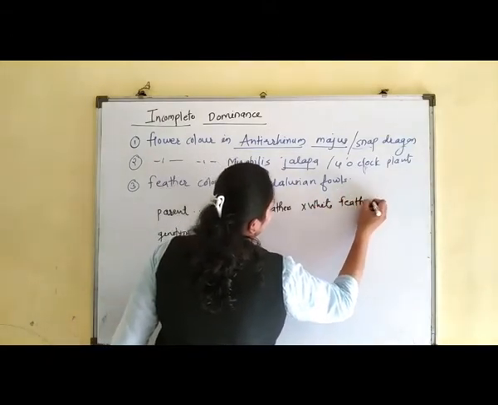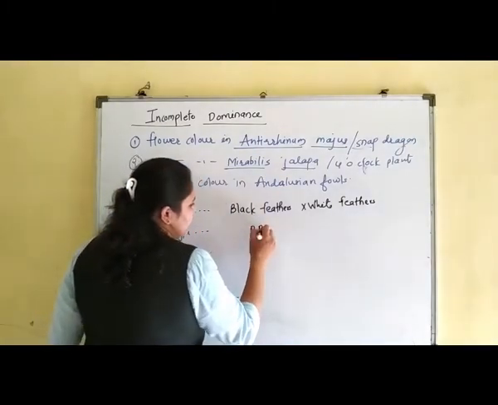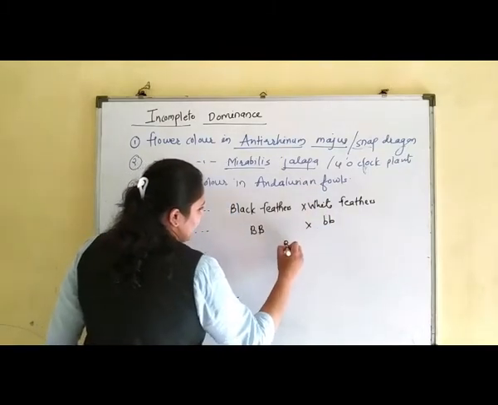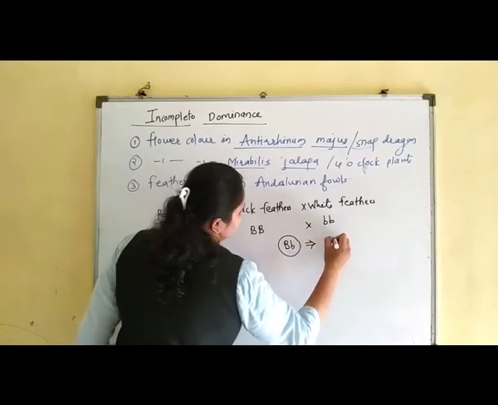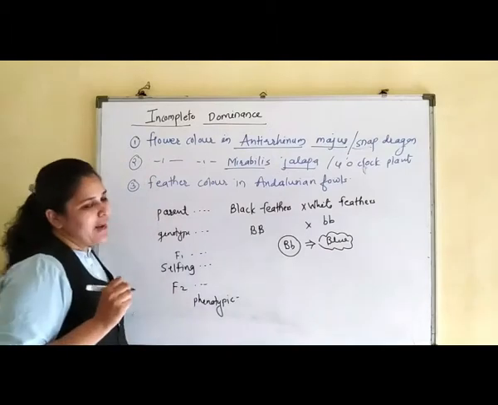Black feathers are dominant over white feathers. Black color, capital B, small b. Obviously in F1, they are heterozygous. Now these heterozygous individuals show blue coloration, that is the intermediate shade of black and white.